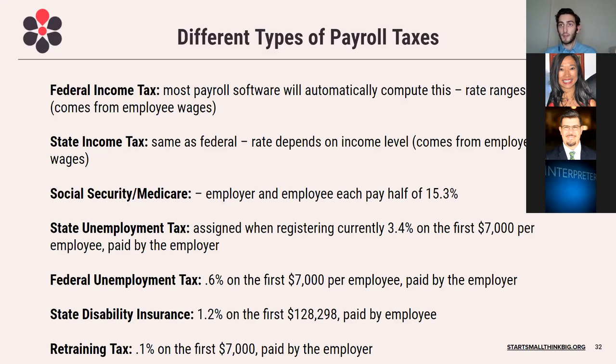Now, this stuff is pretty complicated and can get pretty convoluted, which is why having a payroll software or a payroll provider can be very, very helpful, very worth it if you have employees, because trying to navigate this and file all of these taxes on your own is an incredibly difficult task, especially if you're already running a business. And these providers can streamline that process, can automate that process.